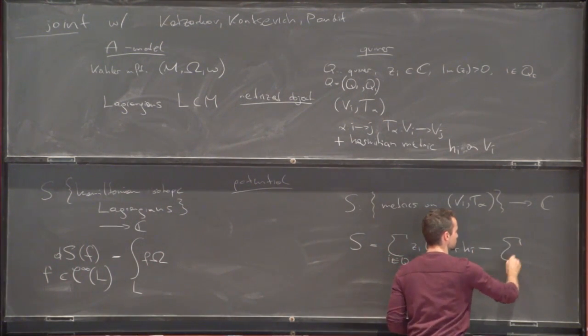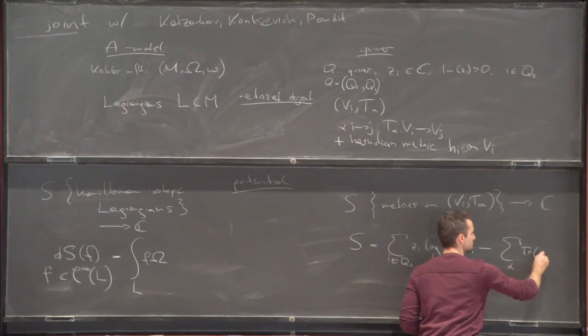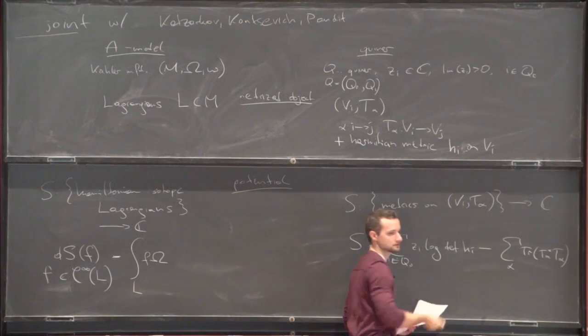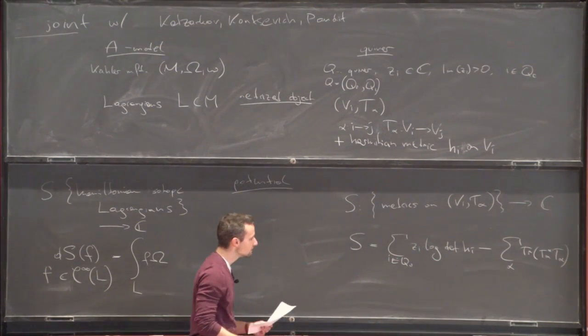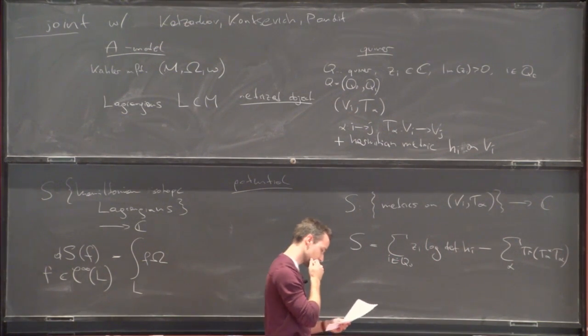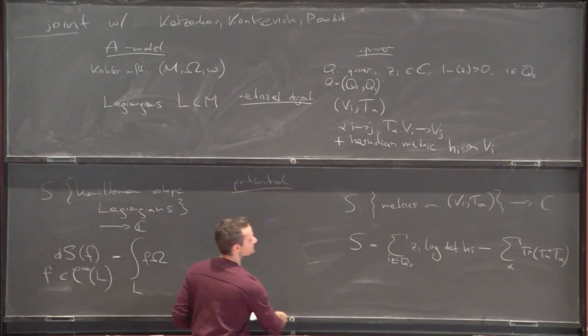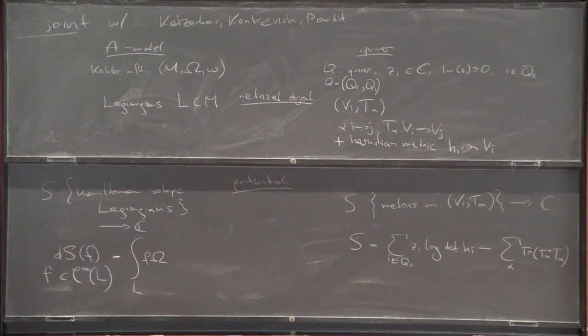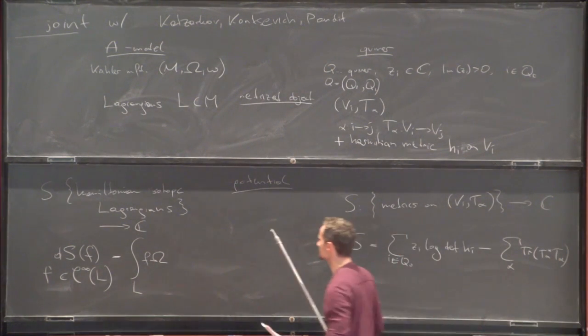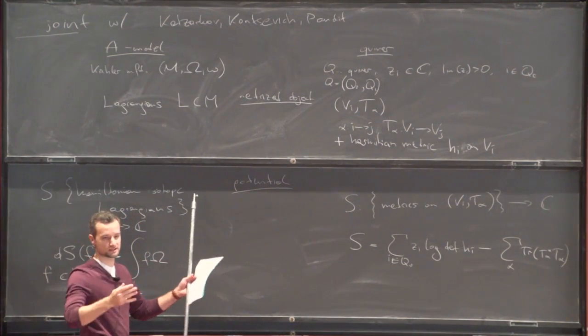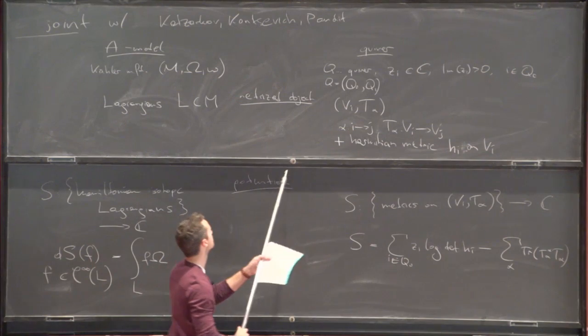Minus a sum over arrows of trace T_alpha star T_alpha. So it looks like a standard Kähler potential on a vector space. The next thing: this S is defined on metrized objects. It also varies over a bigger moduli space of all objects combined.